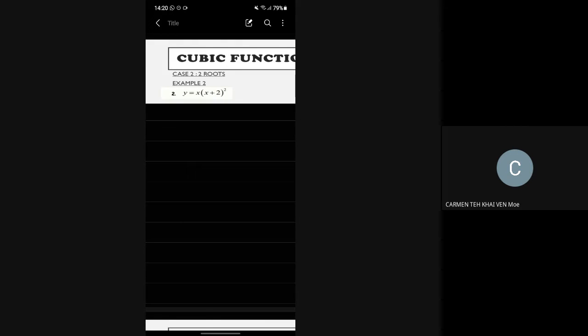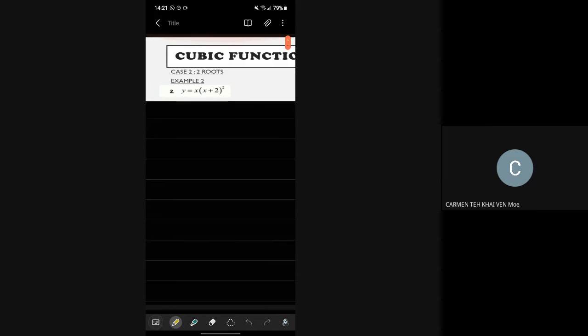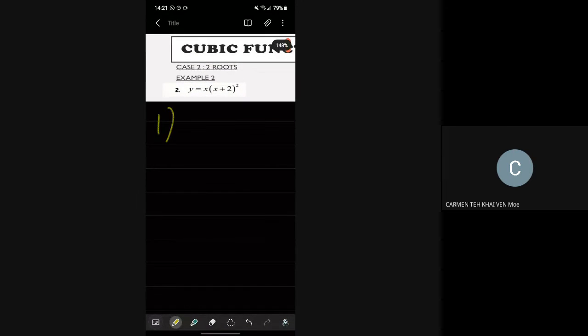So I will explain example 2. The first step, we're going to find the shape of the graph. From the equation, we will expand the equation to find the a value.